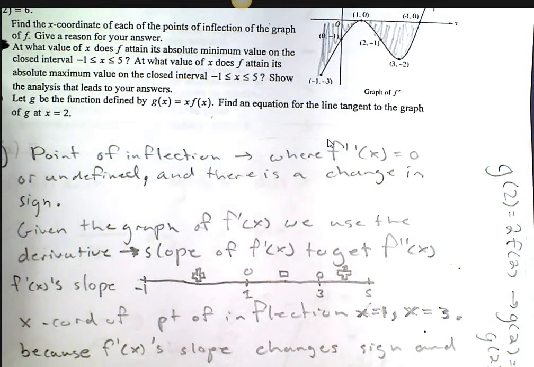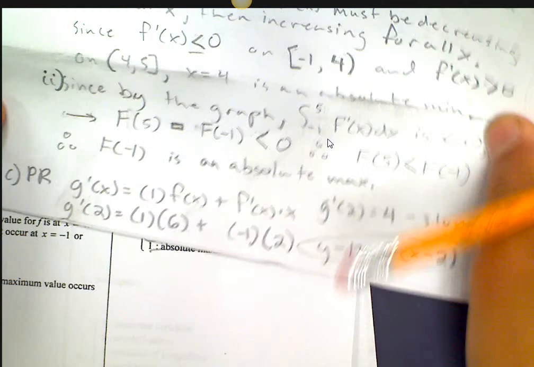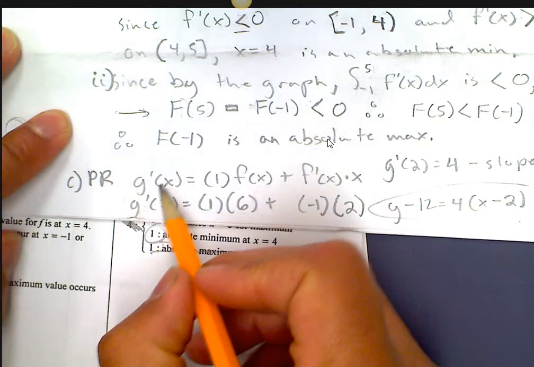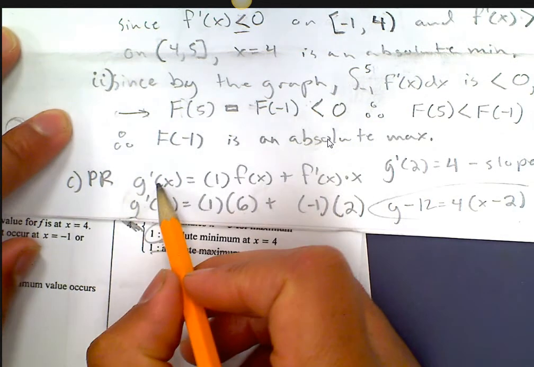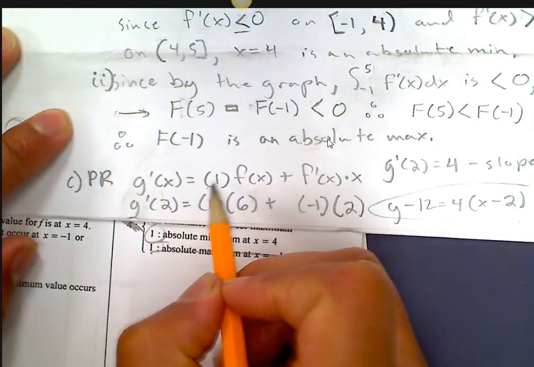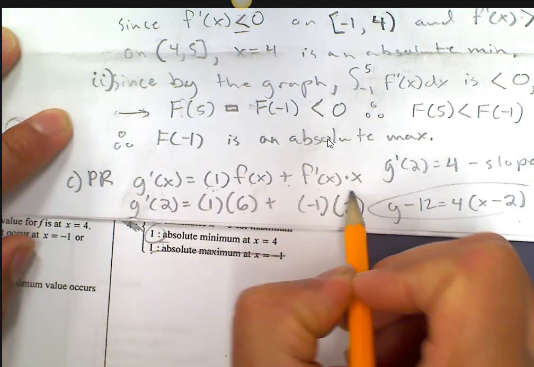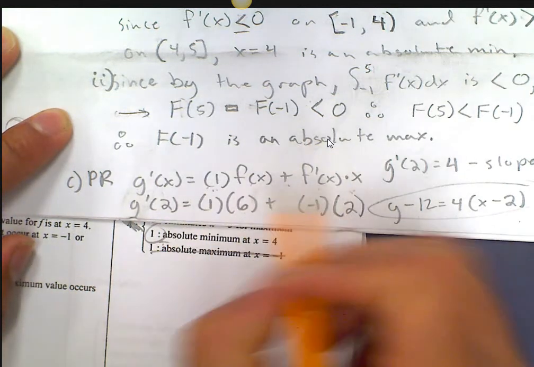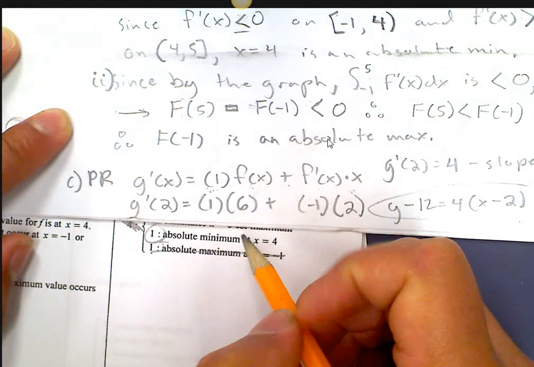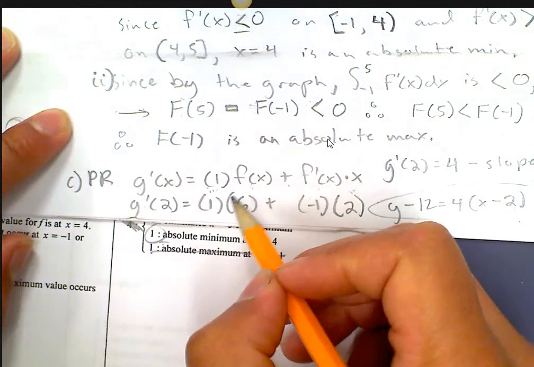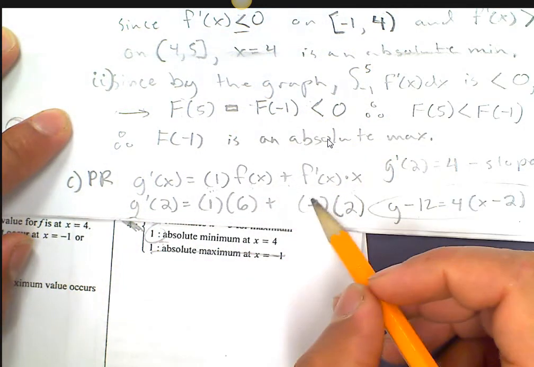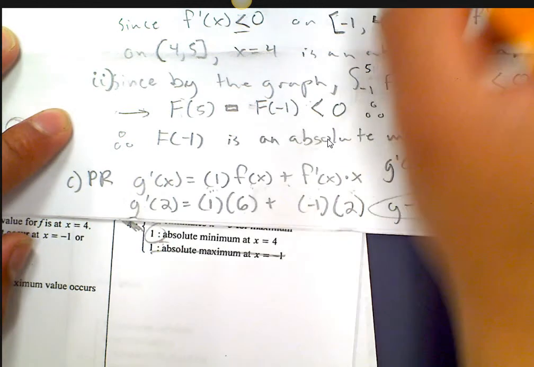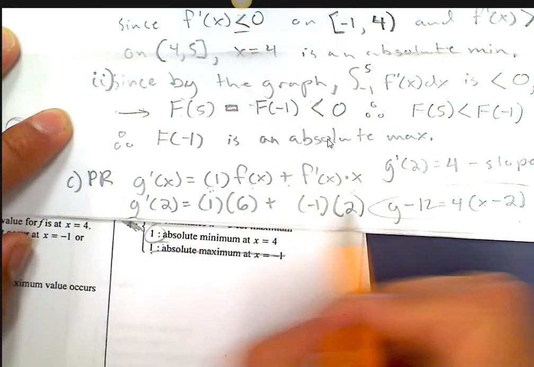Okay? So, you got to find the derivative for the slope. Product rule. First times second plus second times first. Derivative of the second times first. Derivative of the first times the second. Now you use the points above to plug in these values.